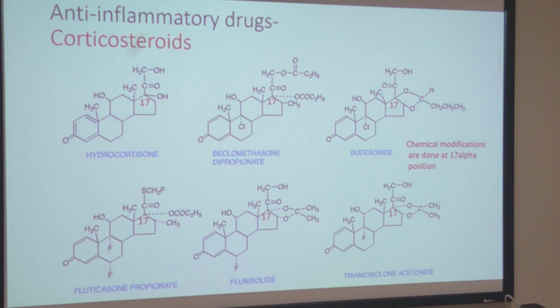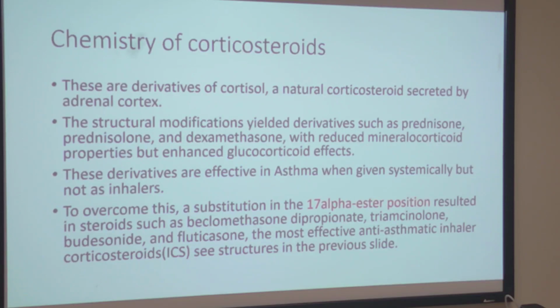As you see here, the typical ones don't have any, whereas the modified ones have different functional groups added at the 17th position. That will make these corticosteroids better inhalers compared to the traditional dexamethasone or prednisone, etc., because of the chemical modifications.